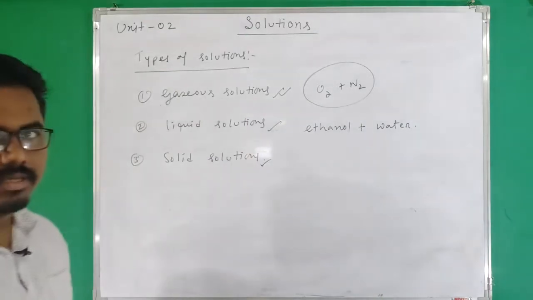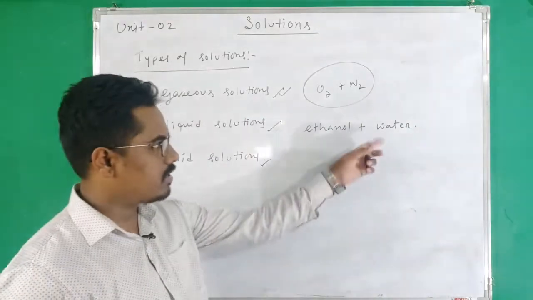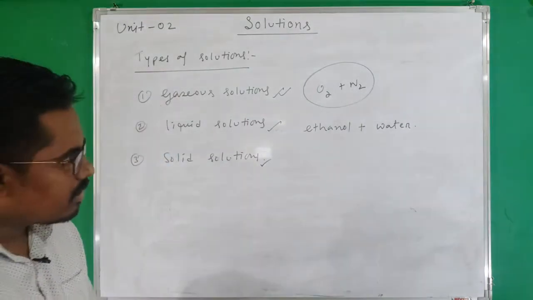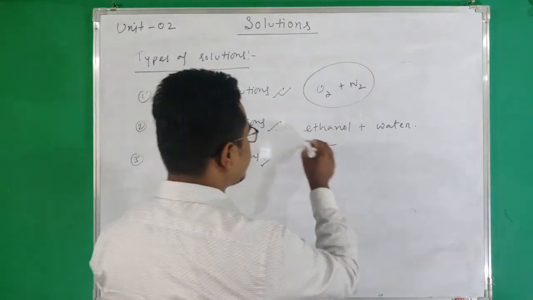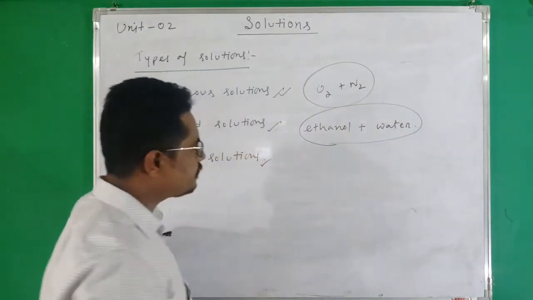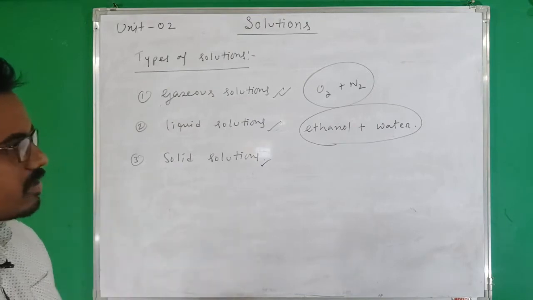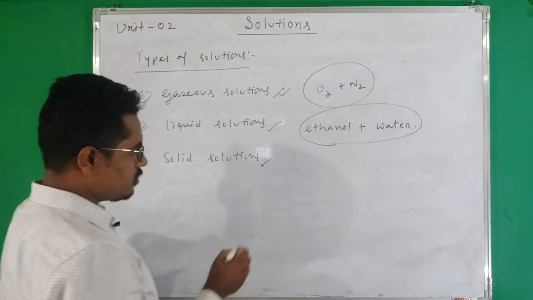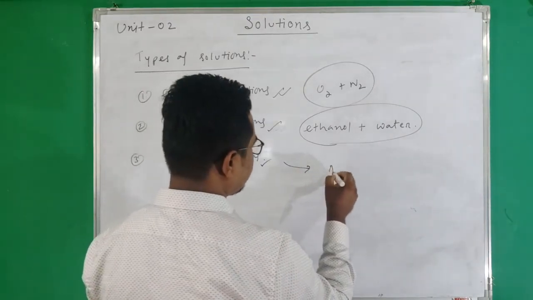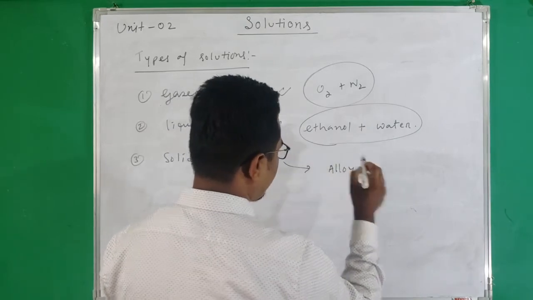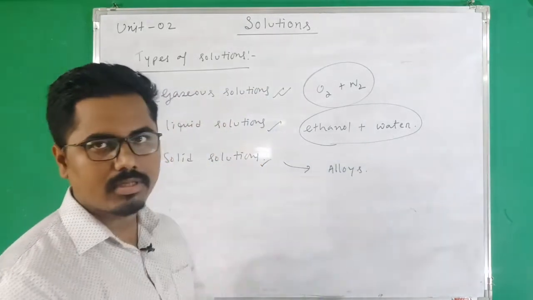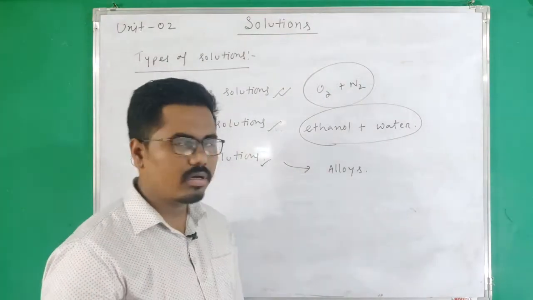Ethanol is present in liquid state and water is also present in liquid state. Both are mixed, they will form a homogeneous mixture, and that mixture is an example of liquid solution. Again, for solid solutions, we can take the example of alloys. Alloys are homogeneous mixtures of two or more solids.